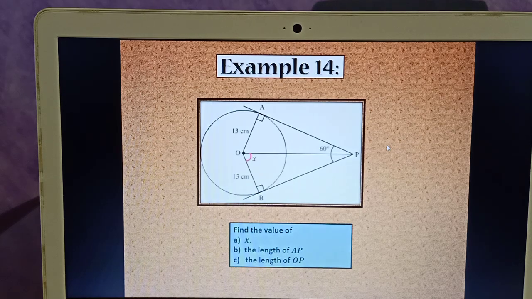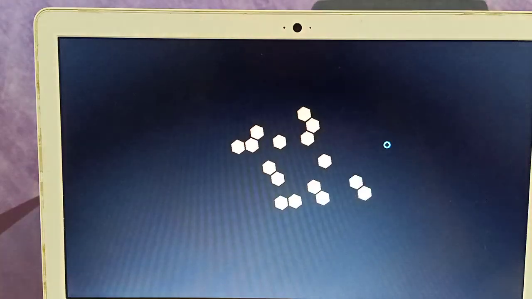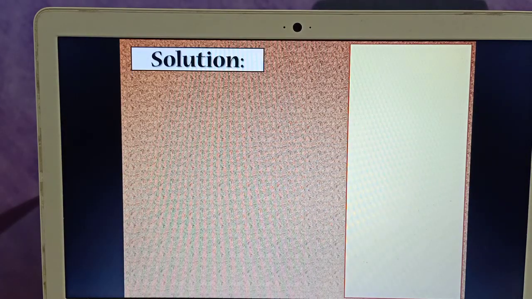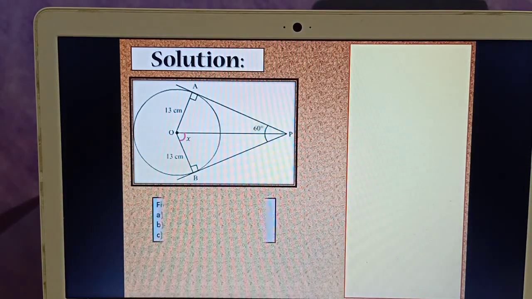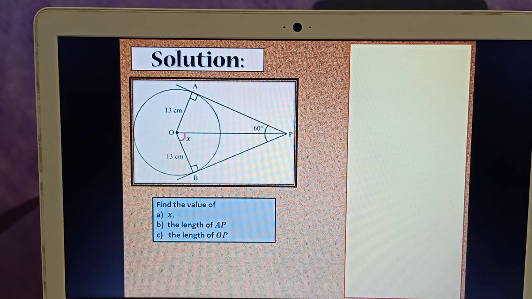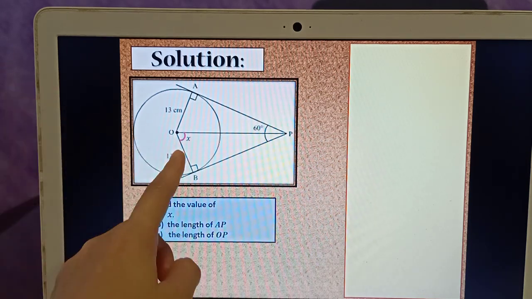Find the value of x, the length of AP, and the length of OP. We will see the solution in the next slide. In order to get x, look at your x.